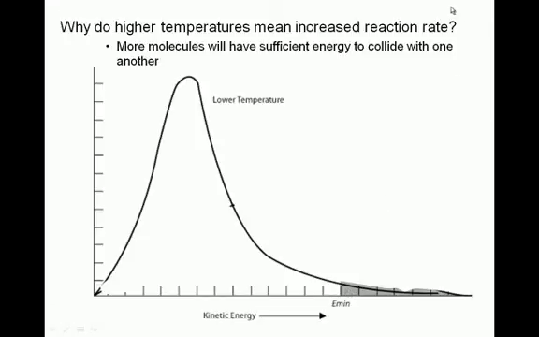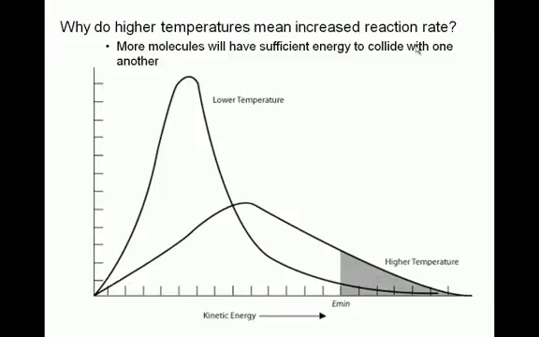Now, if we had one that had a higher temperature, we can see that the higher temperature has a greater amount of particles with sufficient energy. This line is enough energy for a reaction to happen.